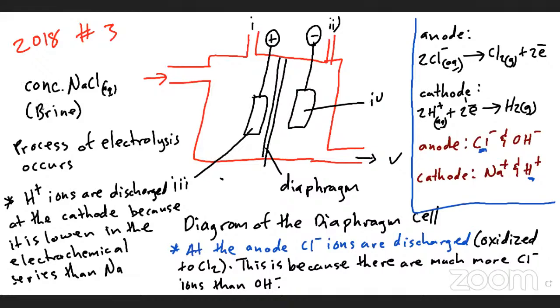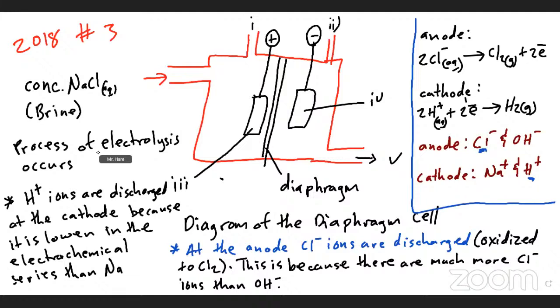If you look at the diagram, this part over here is the anode. This is the outlet for a particular gas. Which reaction is occurring at the anode? Oxidation. When chloride is oxidized, what is produced at the anode?